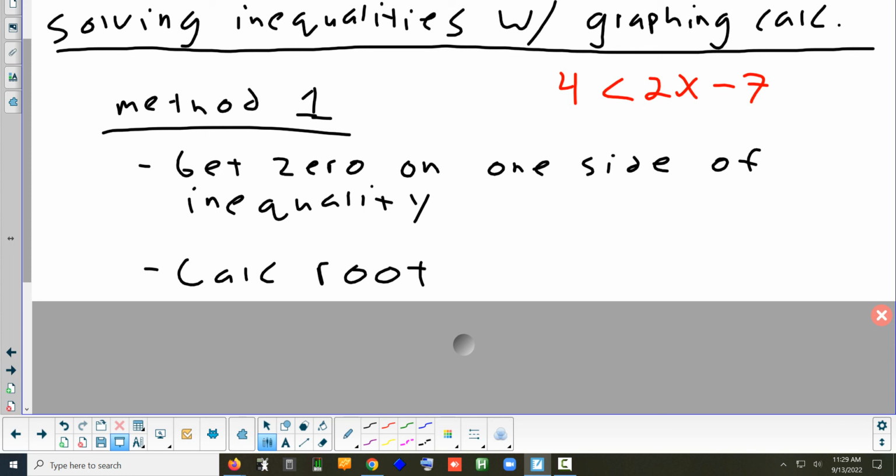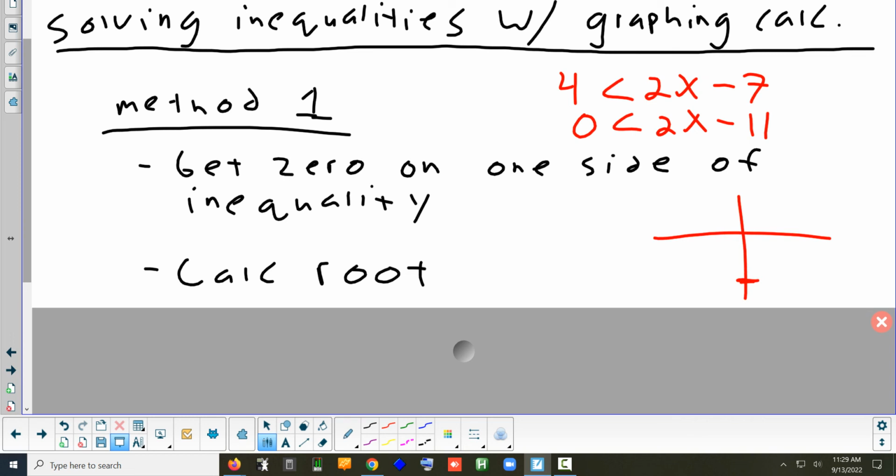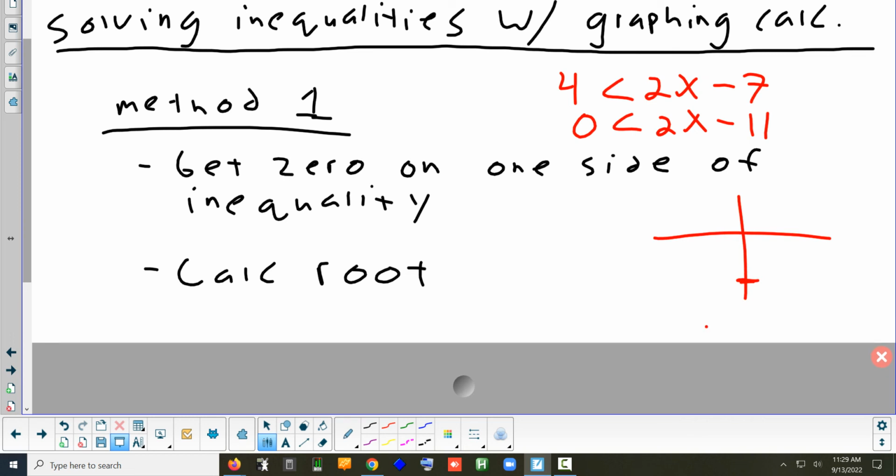That'd probably be the quickest way. But if you wanted to graph it, you could get everything on one side. 0 is less than 2x minus 11. Then you would draw that. When you draw it, it's going to have a y-intercept of negative 11 and a slope of 2. So it's going to look something like that.